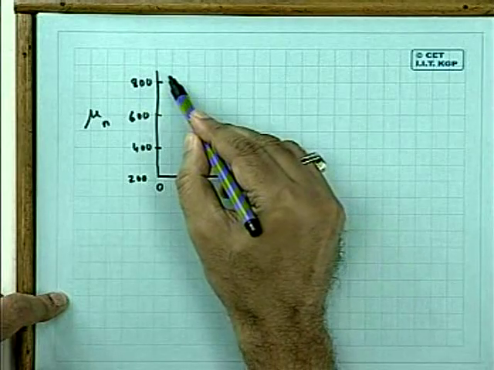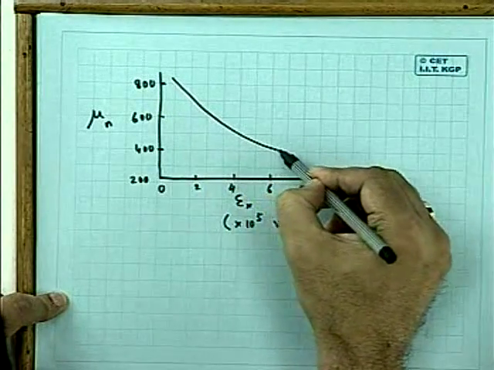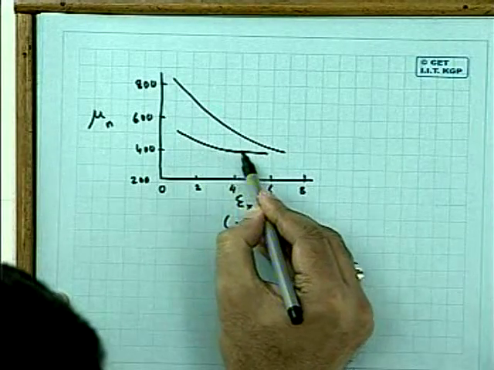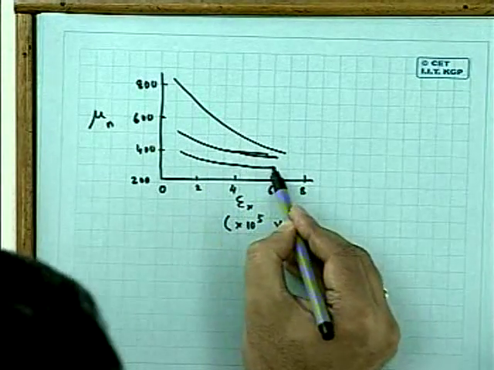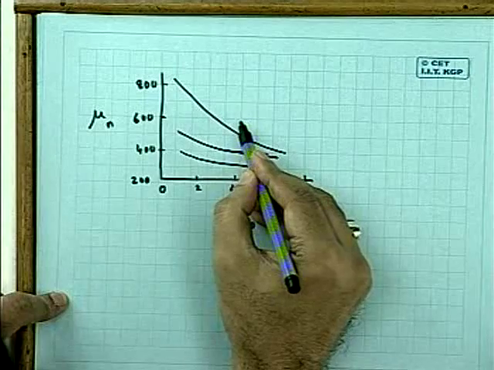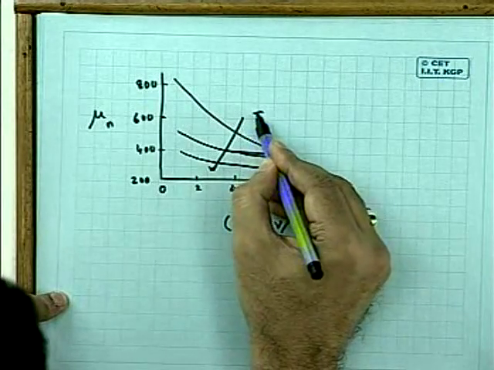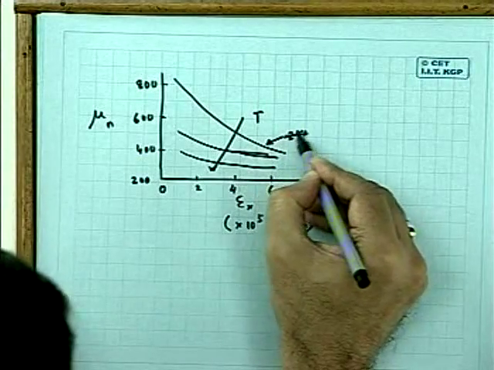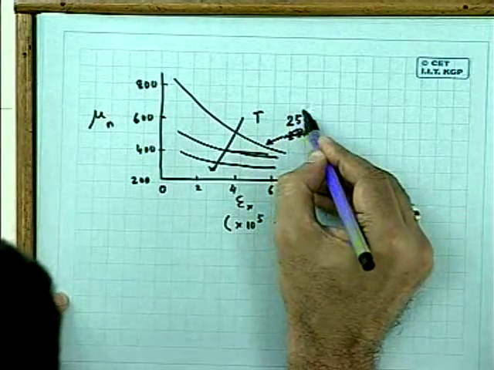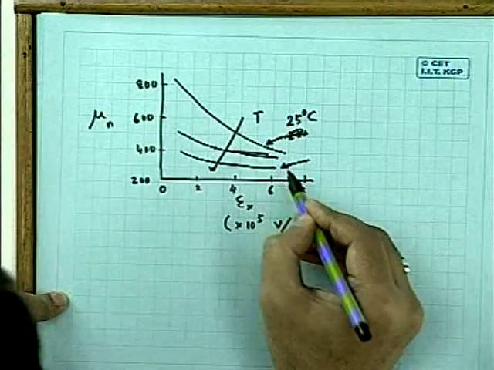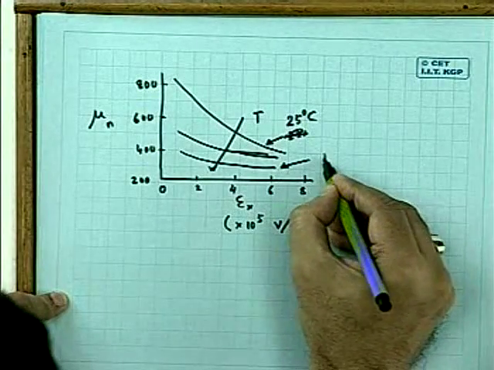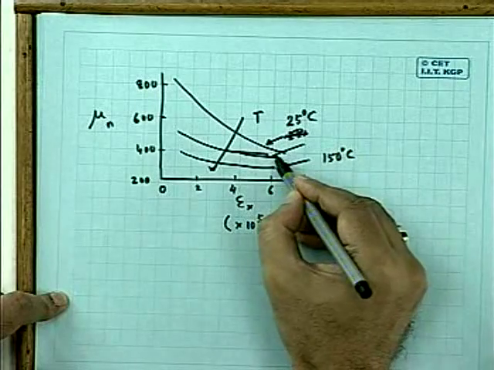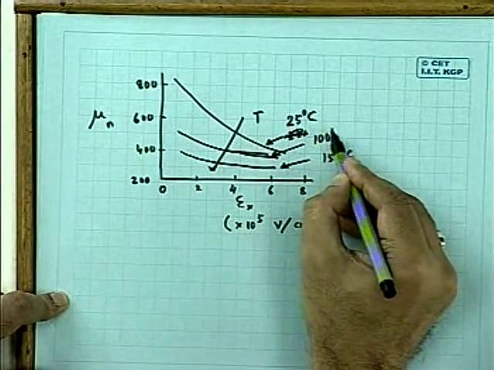This is a typical curve. This is for increasing values of temperature. This may be for 25 degrees centigrade, whereas this curve may be for 100 degrees. The intermediate one is for 100 degrees centigrade.